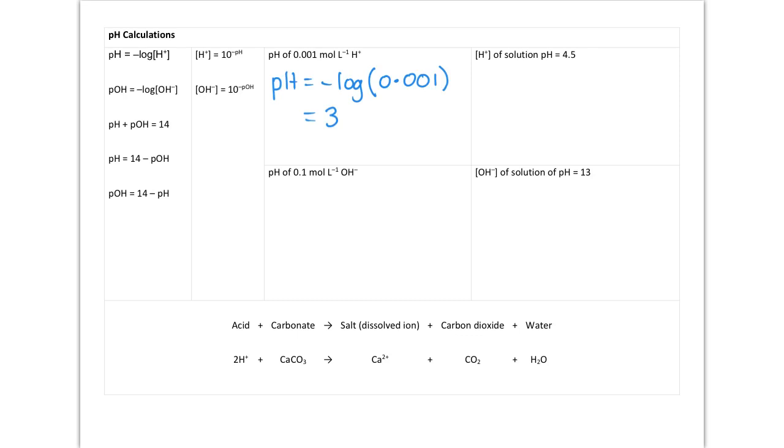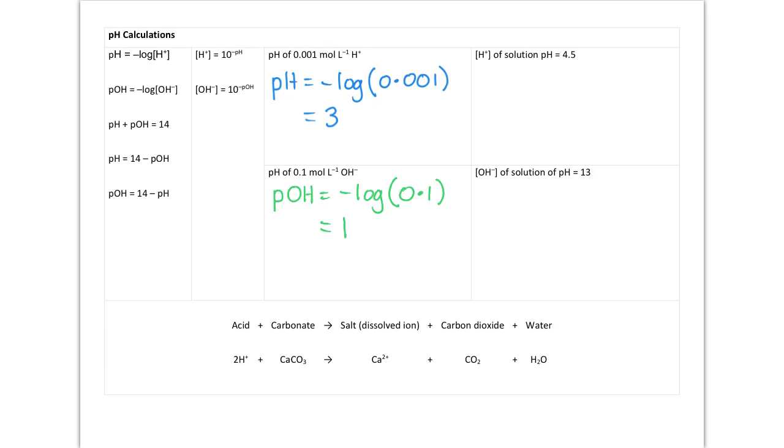So let's do a calculation for pH of a hydroxide. Firstly, we work out pOH, which is equal to minus log to the base 10 of the concentration of hydroxide, which would be 0.1, and that would be equal to 1.